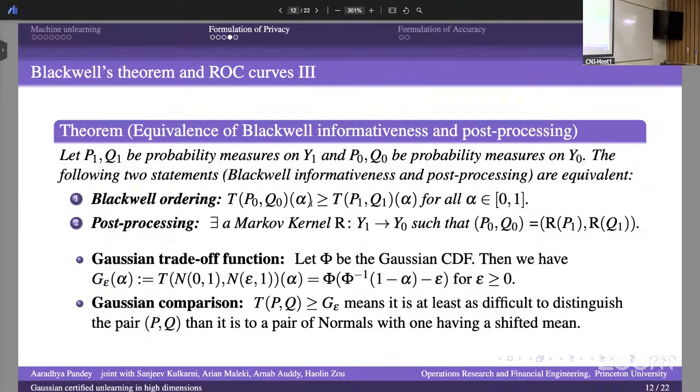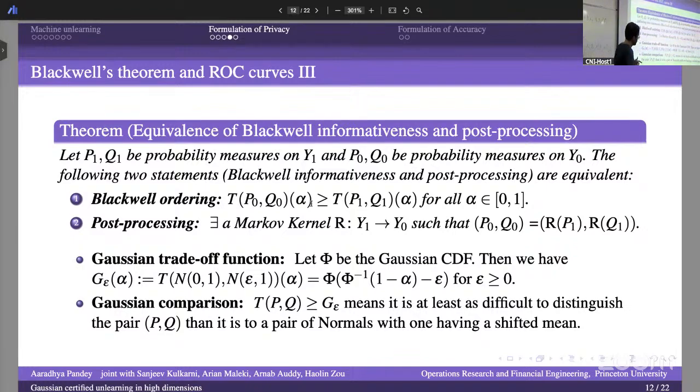But we are going a little bit aside, so let's just come back. At least the intuition is clear that we have two probability measures, the unlearned and the relearned. So we have to compare with something, some sort of base. So what is the base that we choose?